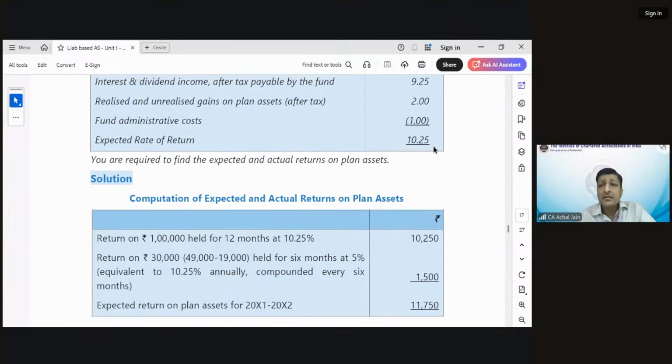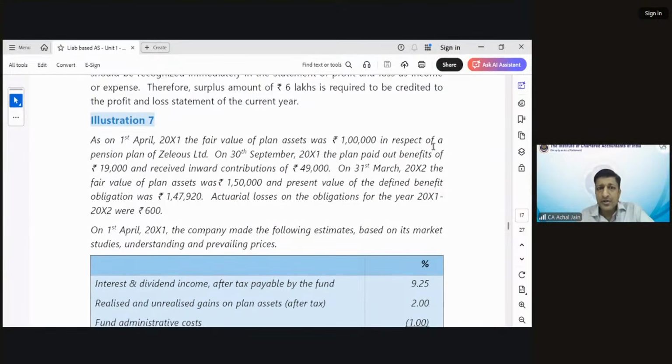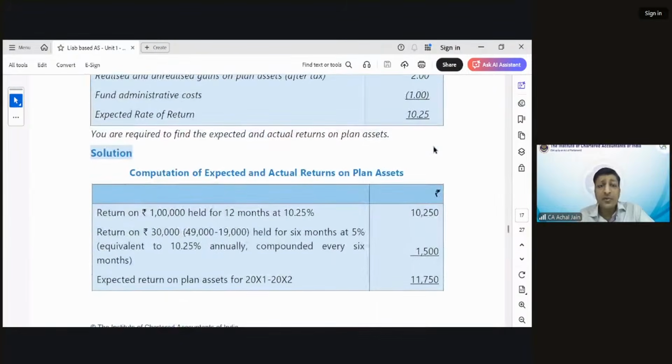Now, if you look at the fund as at 30th September 2000x1, there was an inflow of 49,000 on this, and there was an outflow of 19,000 on this. So net, what is the inflow? 30,000 is the net inflow. So for this 30,000 inflow, other than the opening balance, we'll have to compute some return on that as well.